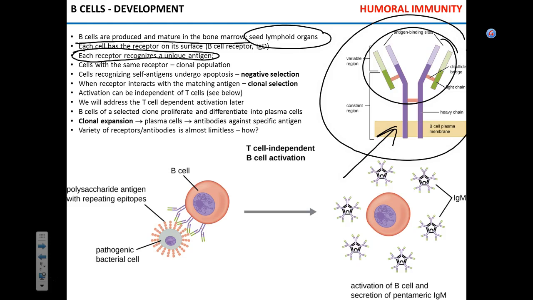Say this B cell has a receptor that recognizes an M protein of H3N2 influenza virus. This cell has a B cell receptor that recognizes NS1 protein of yellow fever virus 17D strain. That's it. Nothing more. Just this particular protein. Got it?